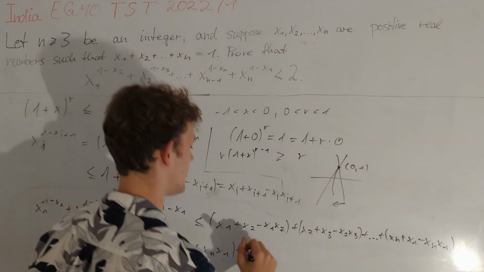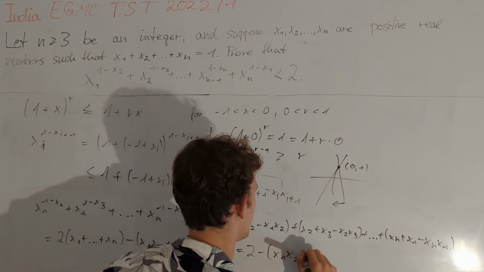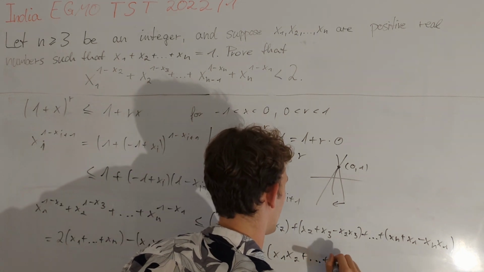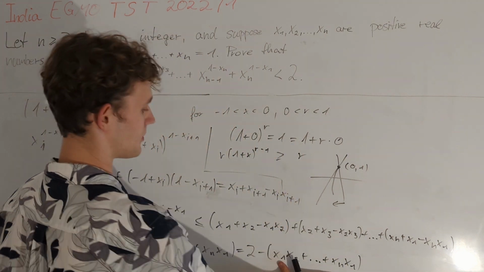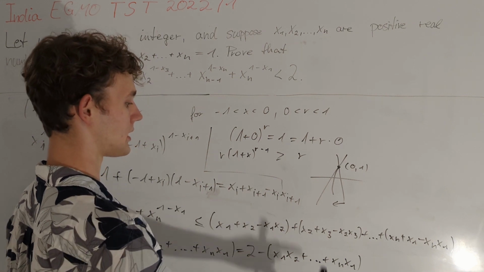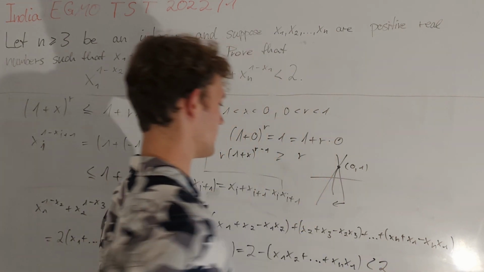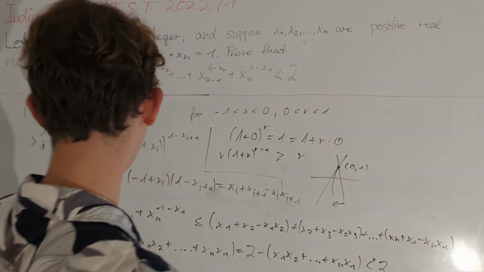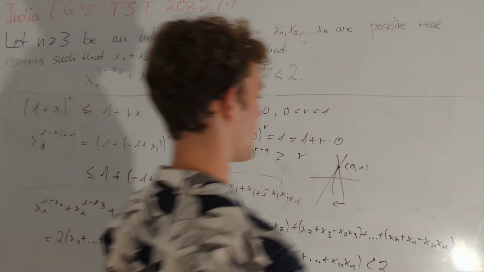Therefore, this is entirely equal to 2 minus the sum of x1 x2 plus x2 x3 up to xn x1. And each of those is a positive real number. Therefore, we subtract from 2 some positive real number, which is always strictly less than 2. This is what we wanted to prove because we know that 2 is greater than our original sum, and therefore we are done.